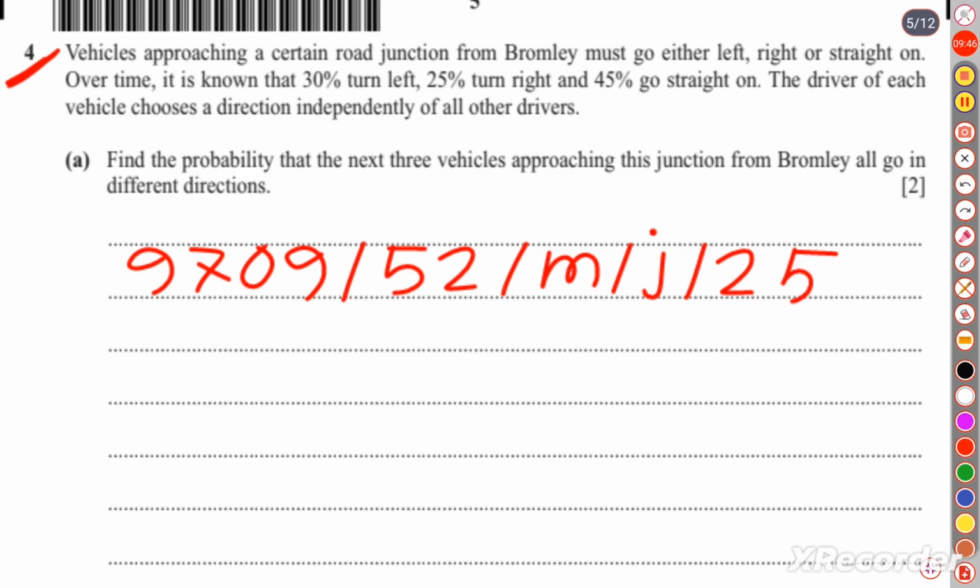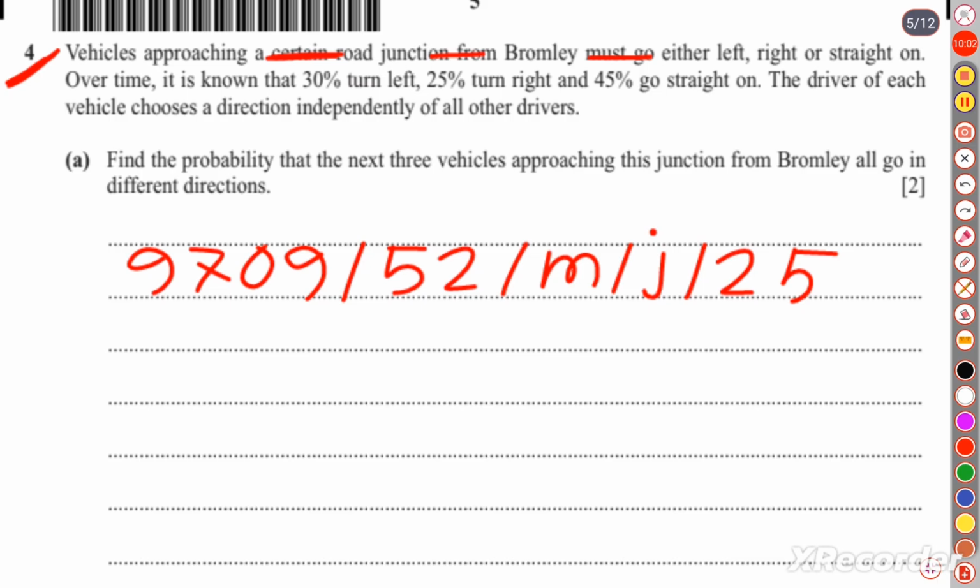Over time, it is known that 30% turn left, 25% turn right, and 45% go straight on. The driver of each vehicle chooses a direction independently of all other drivers.